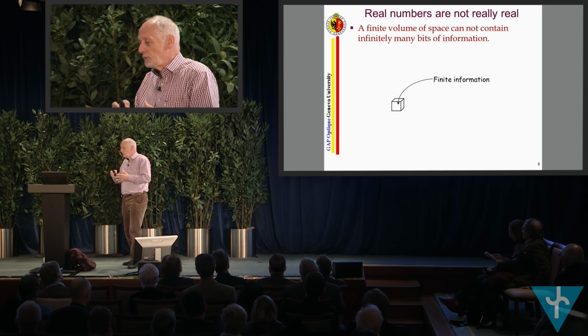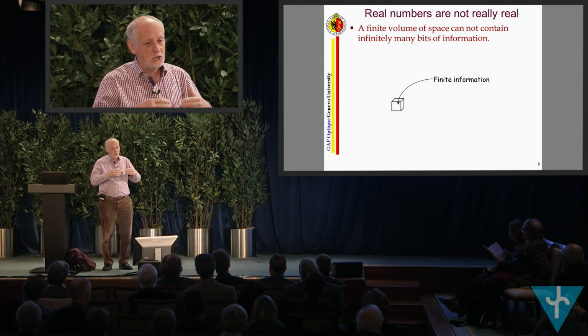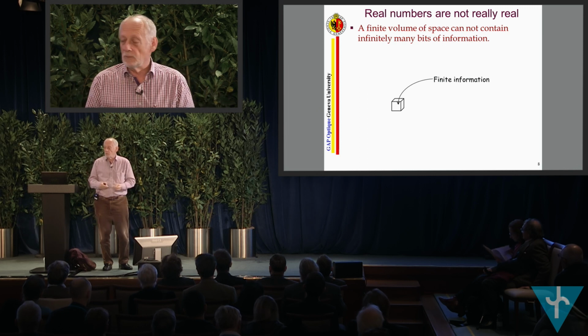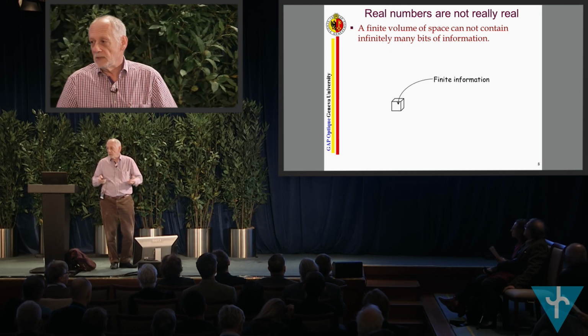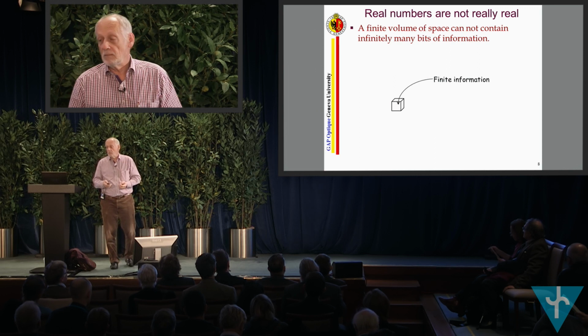I think this is an assumption you buy or you don't buy, you like it or not, but it's very natural, especially today where information theory and quantum information theory are extremely popular. We count everything in bits, and in a finite volume you cannot have more than finitely many bits.